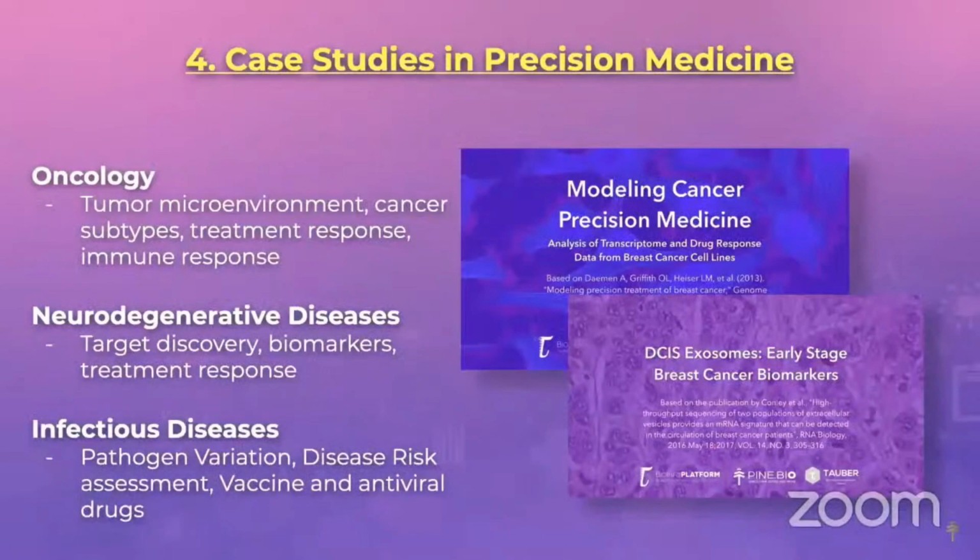Now that we have reviewed the rationale for bioinformatics and NGS in biomedical research and in the clinic, let's review case studies of clinical research with real data. These include oncology, neurodegenerative diseases like Alzheimer's disease, and infectious diseases like COVID-19, malaria, or Ebola.